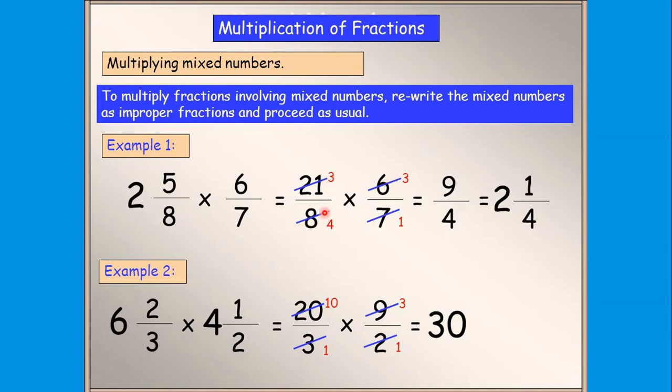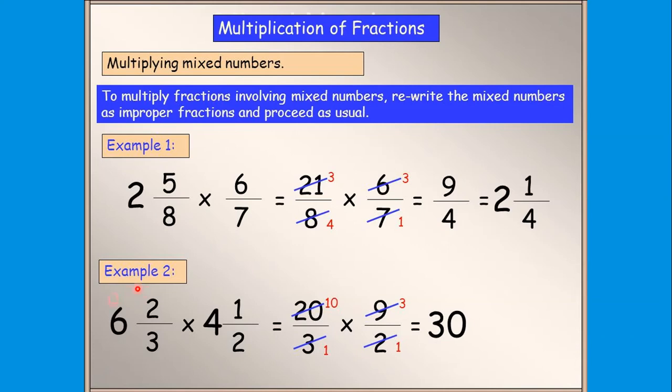Now this way you will cancel. 2 fours are 8 and 2 threes are 6. Now further, if cancellation is not possible, numerator multiplied with numerator. So 3 threes are 9 and 4 multiplied with 1, 4. So 9 by 4 or 2 and 1 by 4.